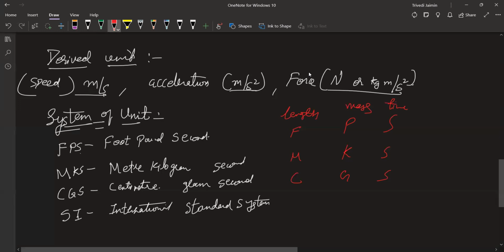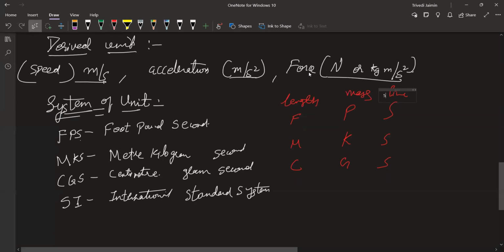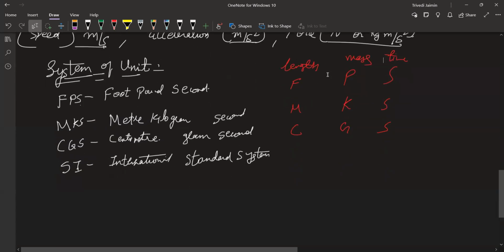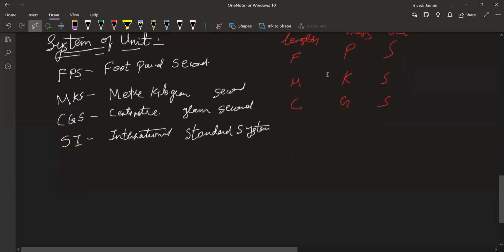Seconds, milliseconds, microseconds, there is no other derivative of seconds. At least that's good, we don't have to remember for seconds. SI unit is same as MKS.